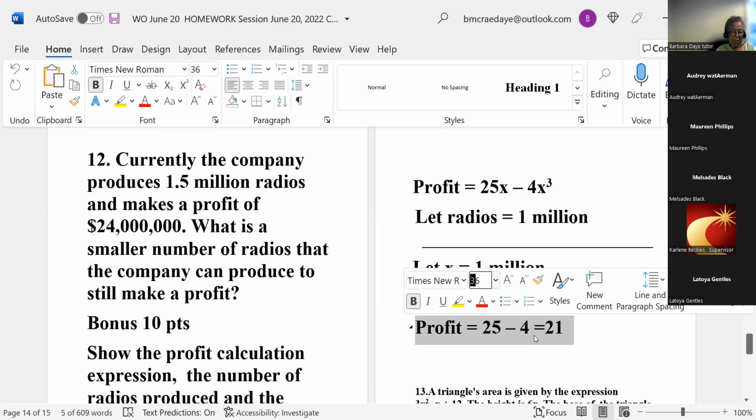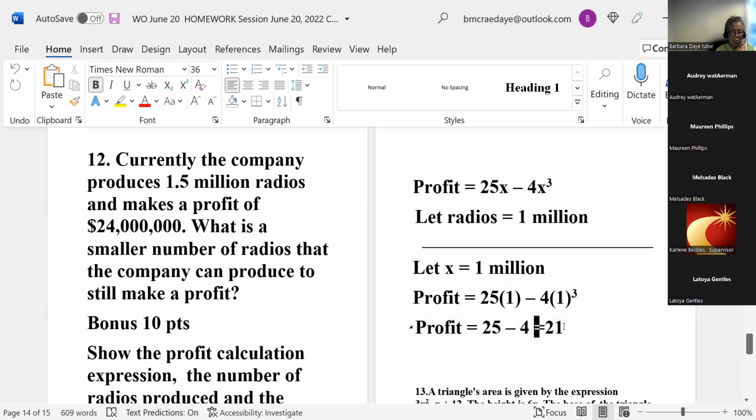You got it? You didn't have to put the zeros. So if you sold 1.5 million, you make 24 million profit. If you sold 1 million radios, you'd make 21 million profit. Got it?